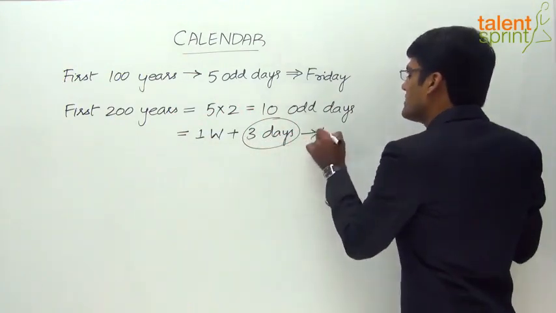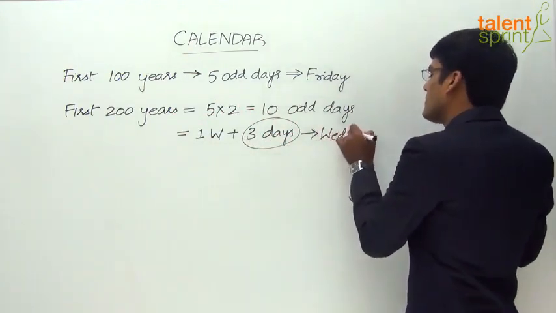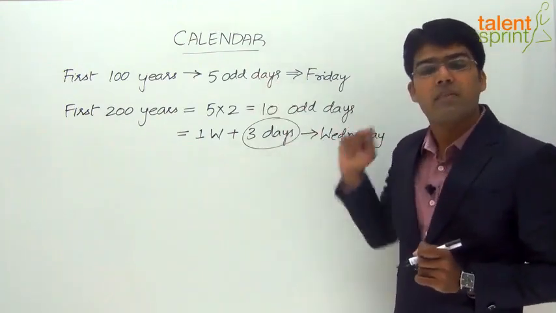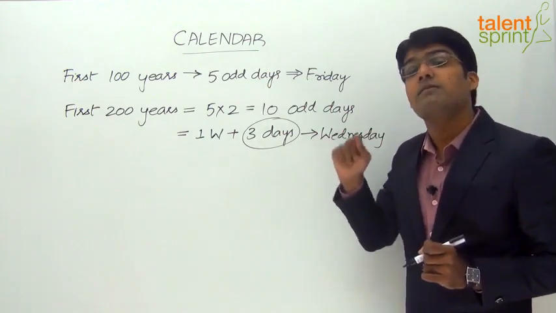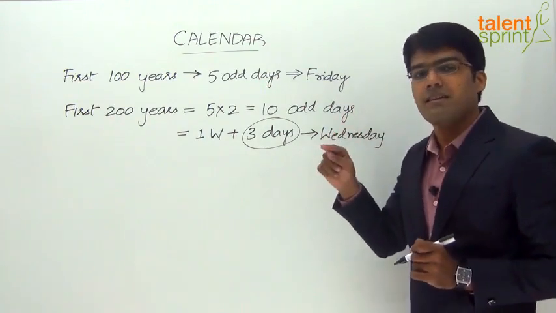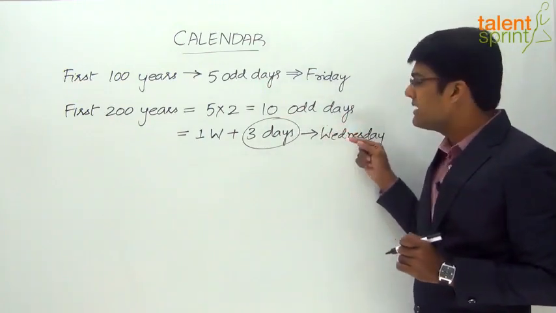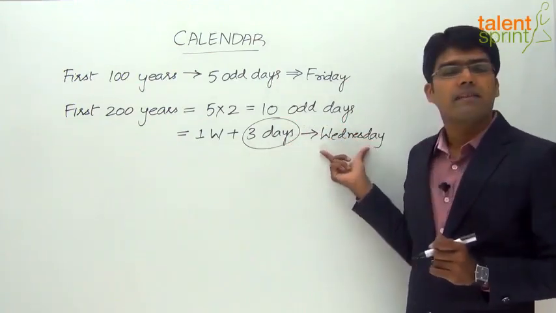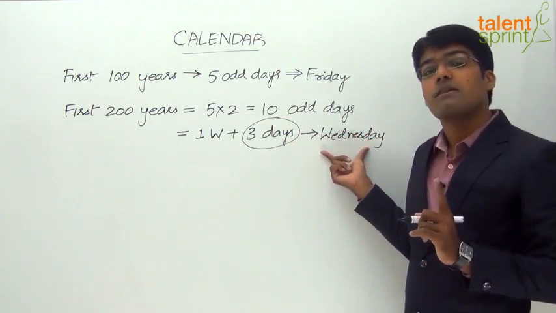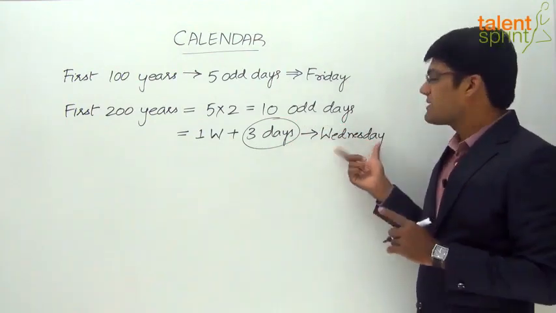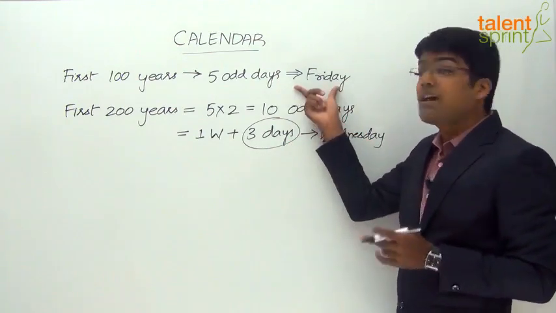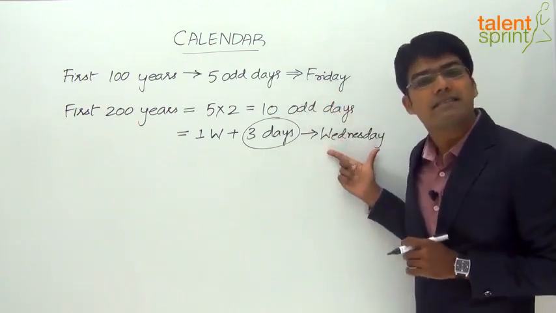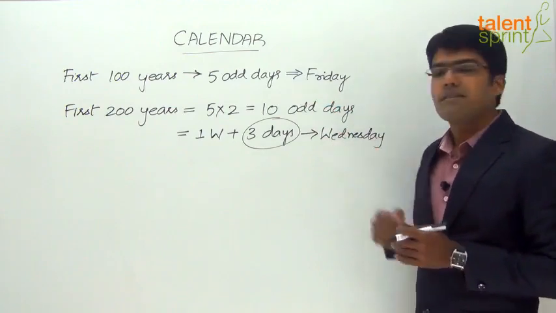So we can now say that the last day of the second century was a Wednesday, because starting from our reference point, which was a day before 1st January of the first year, to the last day of the 200th year, we have got 3 odd days, and 3 odd days indicates a Wednesday. So the last day of the 200th year was a Wednesday. 31st December of the 100th year was a Friday, and 31st December of the 200th year was a Wednesday.